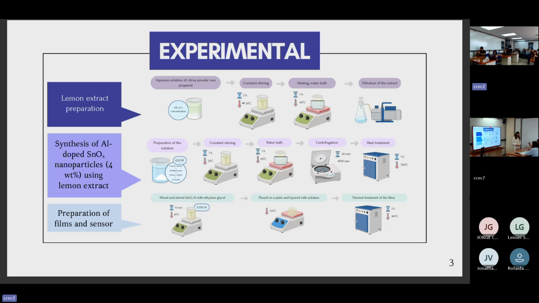There are a lot of phytochemicals. We know that the flavonoids and the pectin of lemon have properties to increase the sensitivity and response time. So in this case, we also use tin chloride and aluminum, useful in the synthesis of aluminum, and including the lemon extract. Okay. And in slide number 6, please.